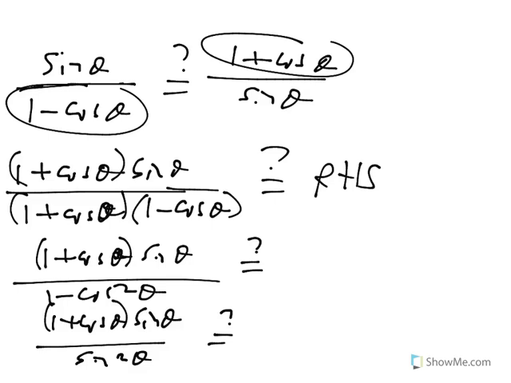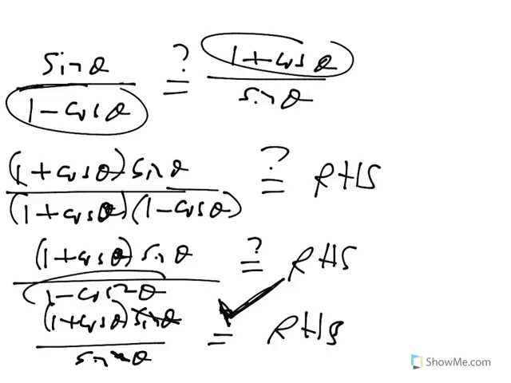If I didn't leave it, I'd have to factor it out anyway, because now this sine theta can cancel out with one of these, and I get 1 plus cosine theta over sine theta, which actually is equal to the right-hand side. This can be turned into a check. So that's a sneaky trick to multiply numerator and denominator by 1 plus cosine theta, anticipating this turning into 1 minus cosine squared theta, which can be replaced.